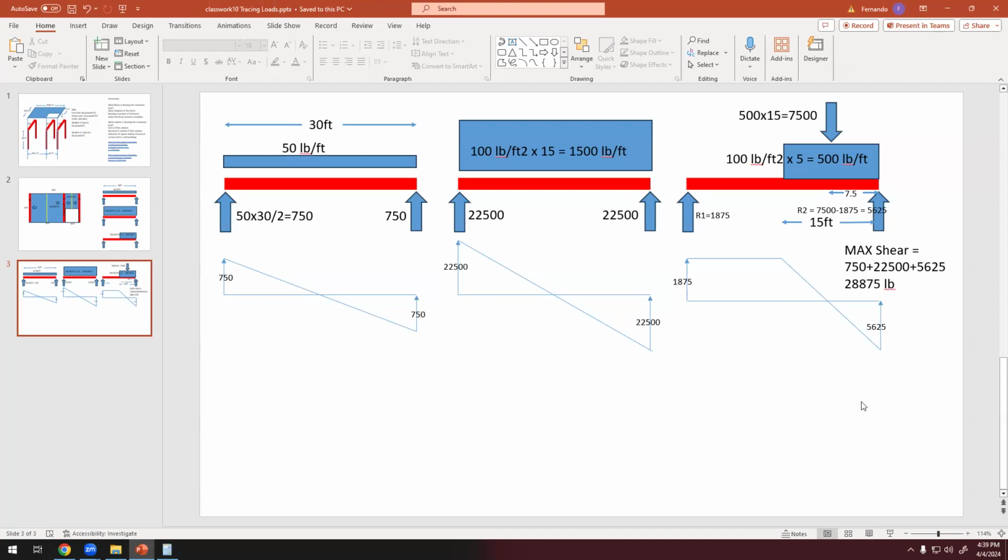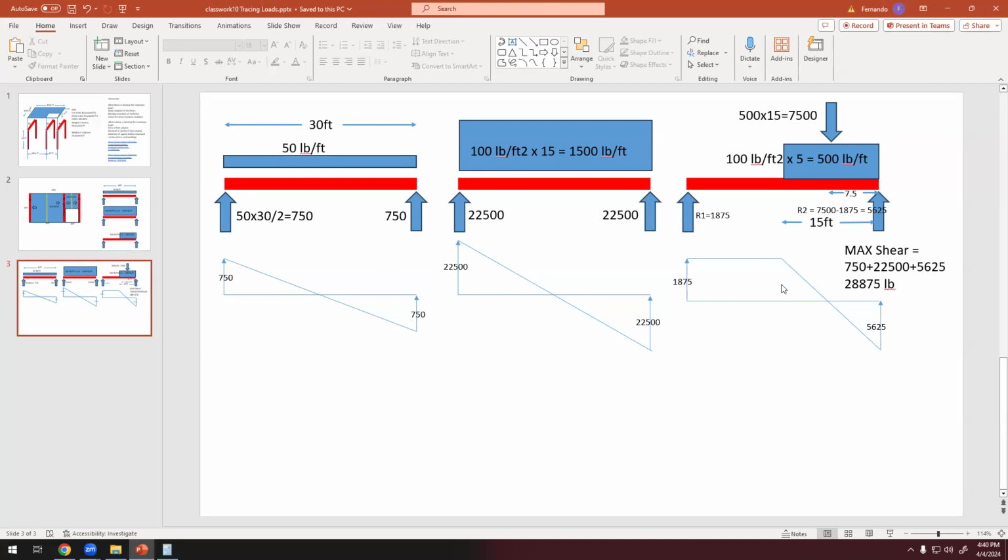Okay. Good. So this is how it works. We have three different beams, and we have to calculate the point at which the shear value is the greatest. So obviously it's not going to be here because the shear value here is 0, the shear value here is 0, and the shear value at the middle of this point is 1,875.